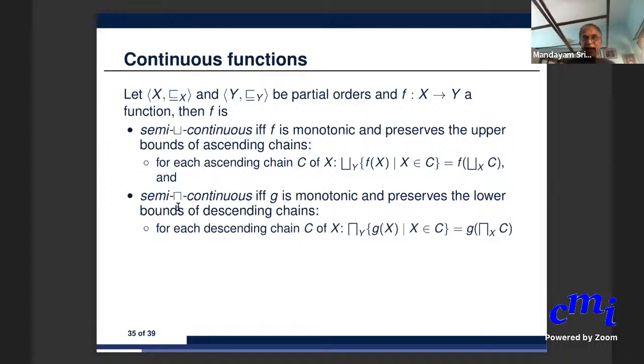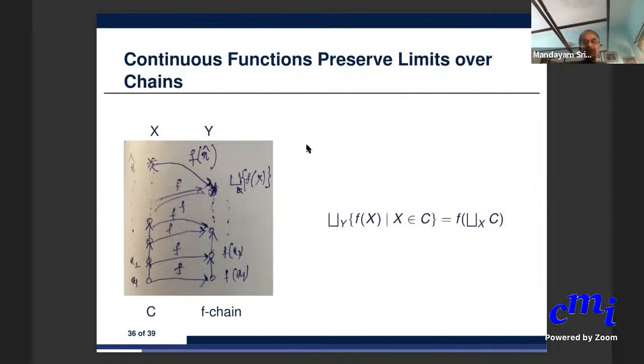So what this actually means pictorially is illustrated here. Suppose that you have a partially ordered set X here, then you have an ascending chain C like that.